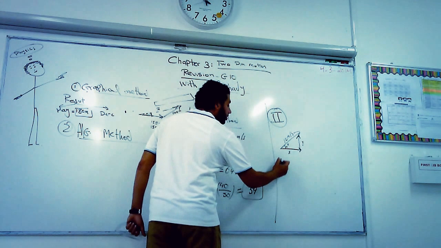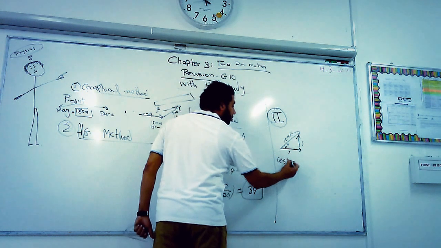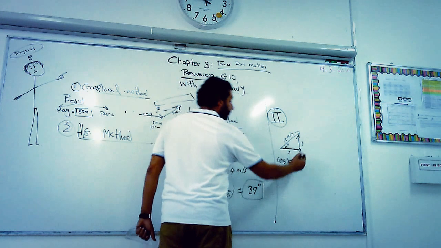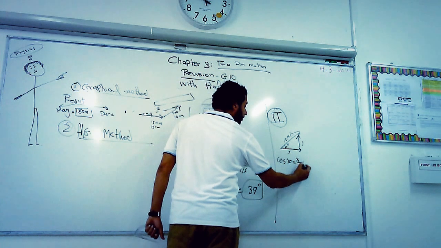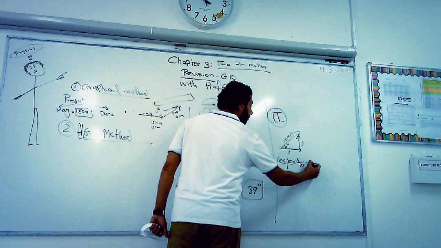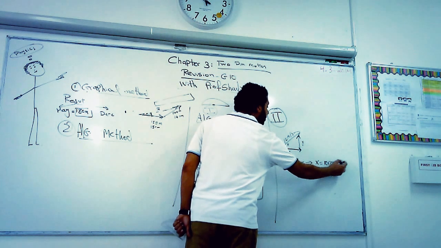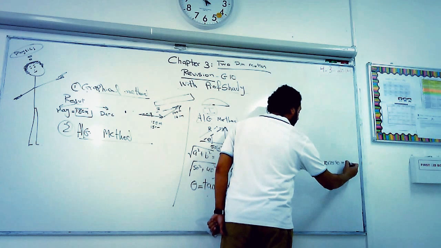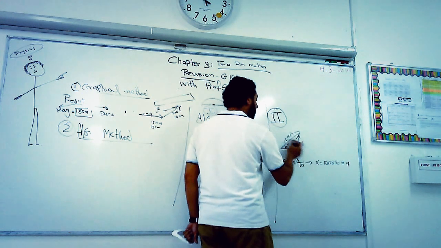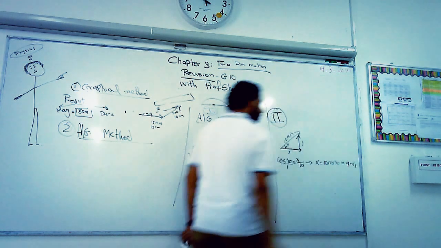So you know that cosine 30 is equal to adjacent over hypotenuse, which means x over 10. By cross multiplication, you will find that x is equal to 10 cosine 30, which is 9. Use the same unit, meters per second.